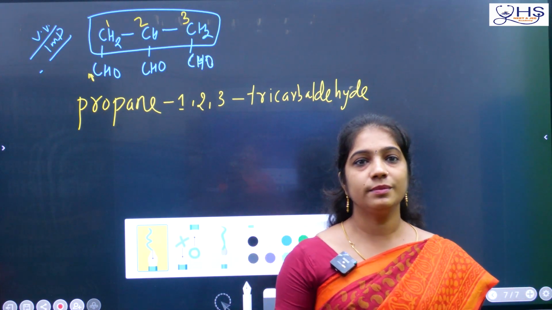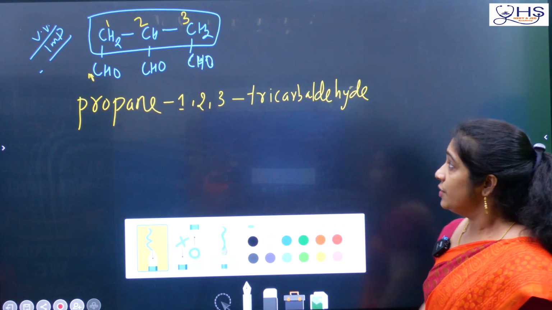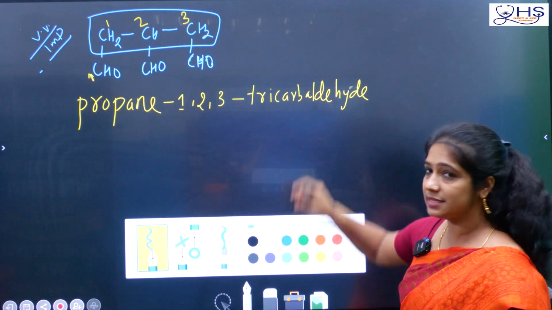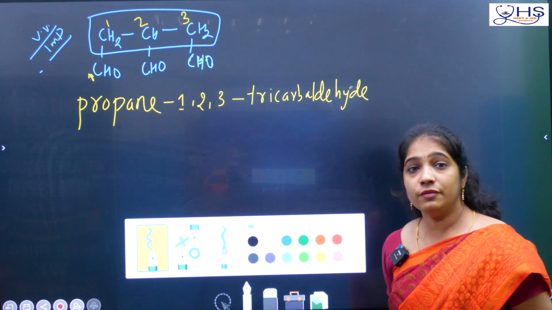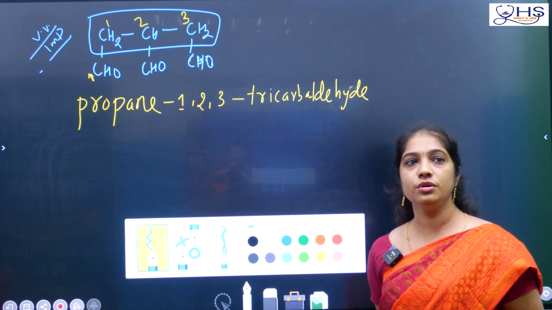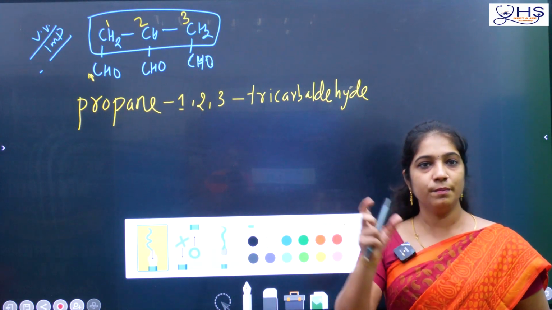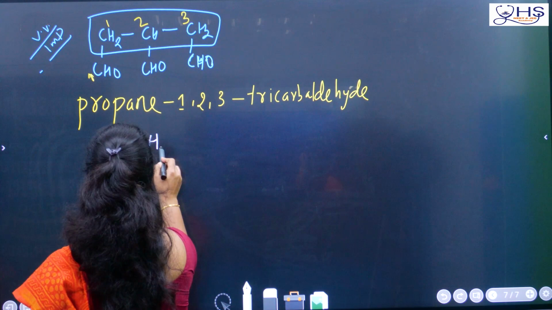So in order to give identical treatment to all the functional groups, we are going to treat them as special, and we will write the special suffix. And when the functional group carbon is directly attached to a ring system, name of the ring plus carbaldehyde. So just pause the video and write this answer.